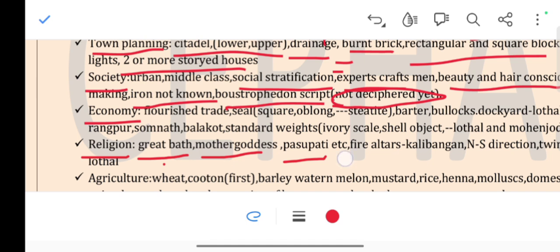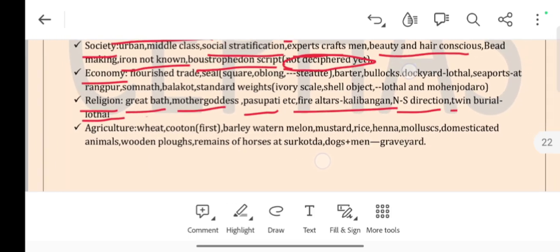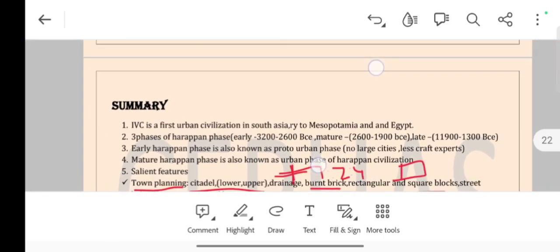Fire altars are at Kalibangan, and they buried the dead bodies in the north-south direction, with twin burials. At Lothal you can see a man and woman buried together. In agriculture, wheat, cotton; cotton was produced first. Barley, watermelon, everything. This is the summary of what we discussed so far.